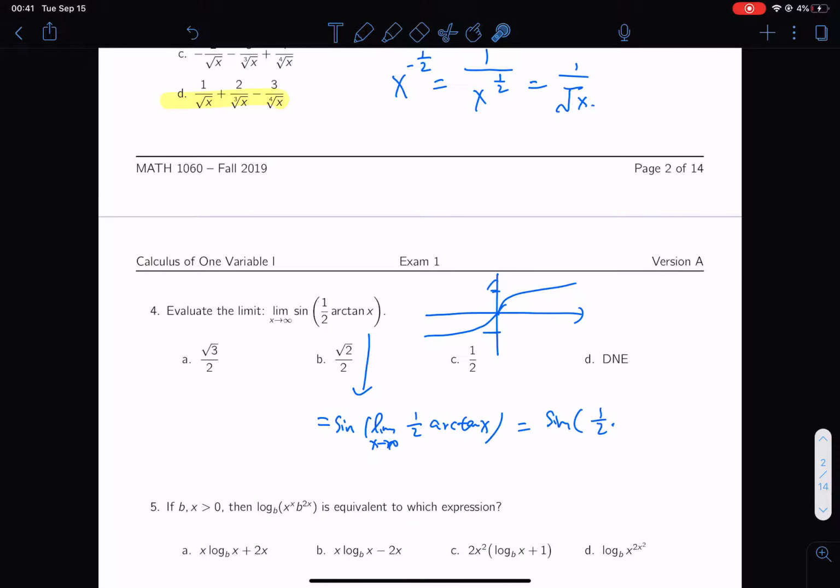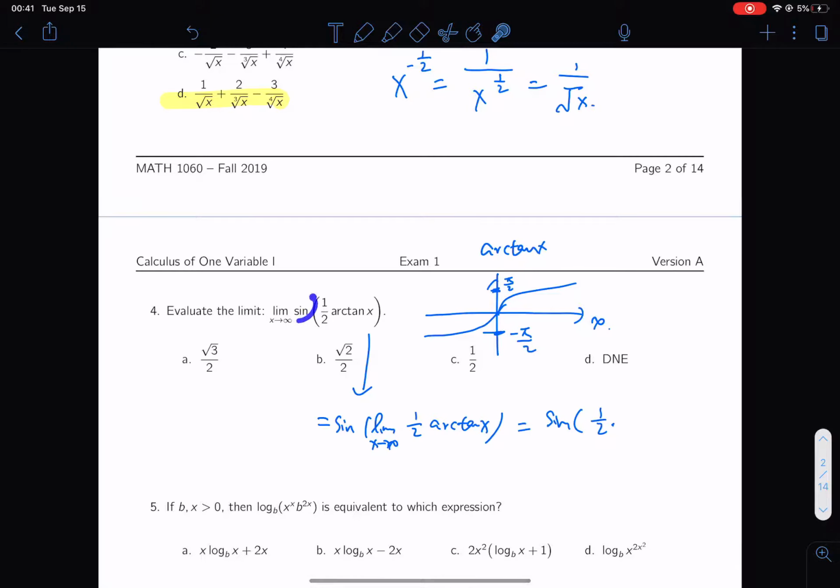And for the next one, for the arctangent of x, this is the function graph, arctangent of x. That is just the inverse of the tangent of x. Then we know when x approaches infinity, the arctangent of x goes to pi over 2, and similarly in the other direction it is negative pi over 2.